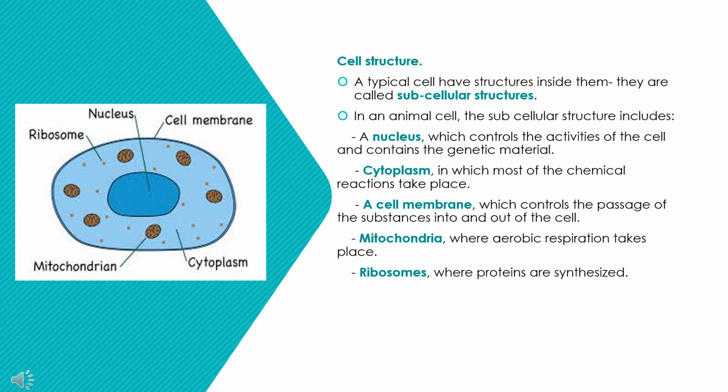A typical cell has structures inside them. They're called subcellular structures. In an animal cell, subcellular structures include a nucleus, which controls the activities of the cell and contains the genetic material; cytoplasm, in which most of the chemical reactions take place; a cell membrane, which controls the passage of substances into and out of the cell; mitochondria, where aerobic respiration takes place; and lastly ribosomes, where proteins are synthesized.